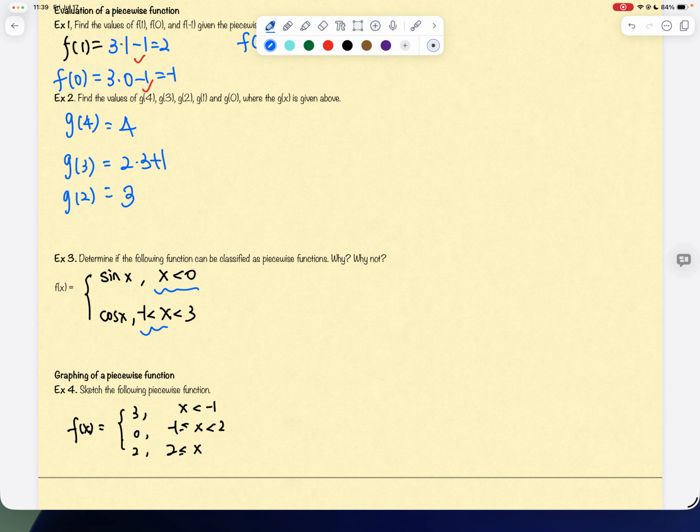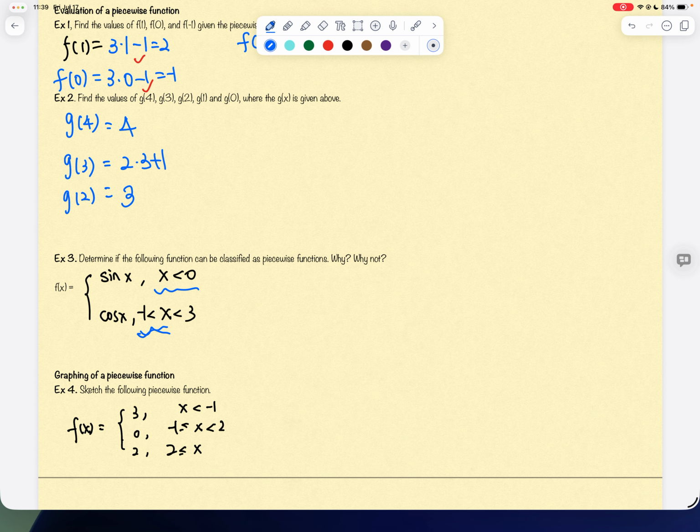So the first piece tells you the function should look like sine x when x is between 0 and 1. The second piece says your function should look like cosine x when it's between -1 and 3, which includes -1 through 0. So in the domain of -1 through 0, your function looks like one expression, sine x, and also looks like another expression, which is cosine x.